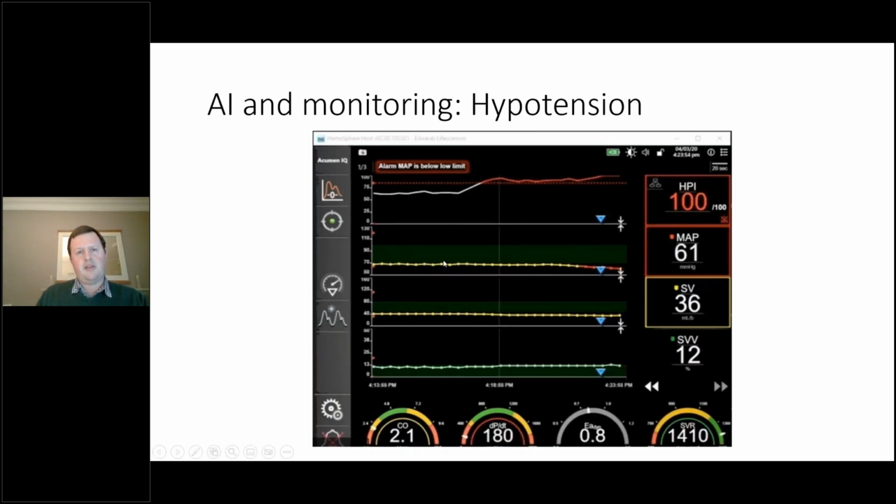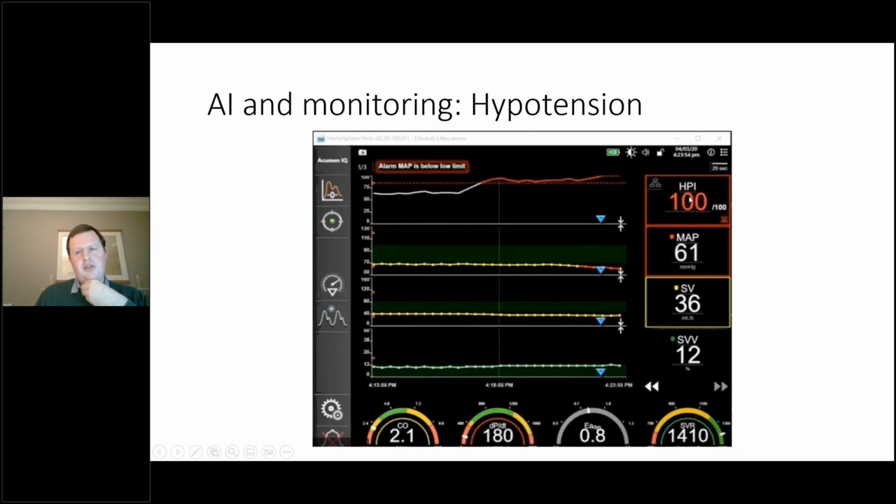So this is the Edwards Life Sciences Acumen IQ, and they have this hypotension predictive index, which they claim is able to inform you that a period of hypotension is going to happen before it actually does. Here you can see the mean arterial pressure is fairly steady, and then it goes down below 65 at this point here.